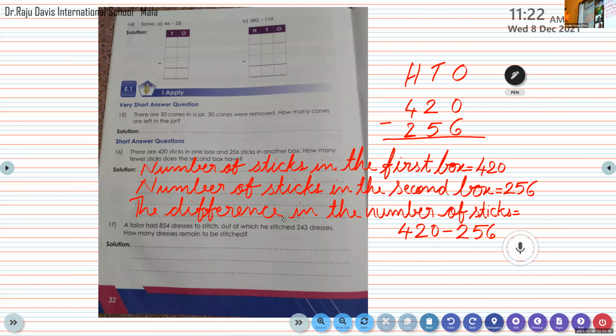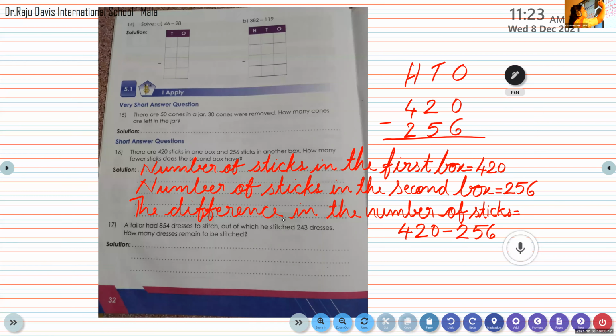Can we subtract 0 minus 6? Is it possible? Yes or no? From 0, can you subtract 6? No. So here what we have to do? If you cannot subtract, we have to regroup it. Very good.